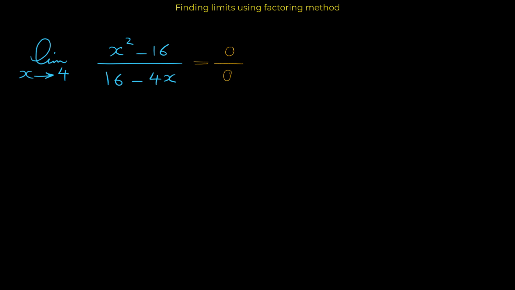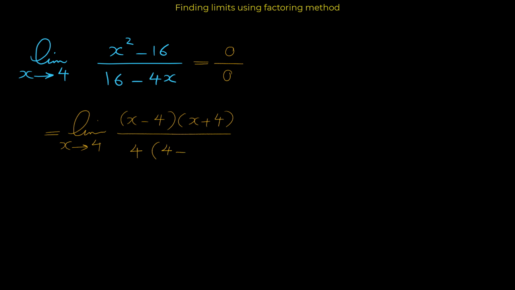We try to factor. For numerator, similar to the previous question, if we use the difference of squares identity, we can write it as x minus 4 times x plus 4. What about the bottom? You can factor 4 simply. And if you factor 4, you have 4 minus x.